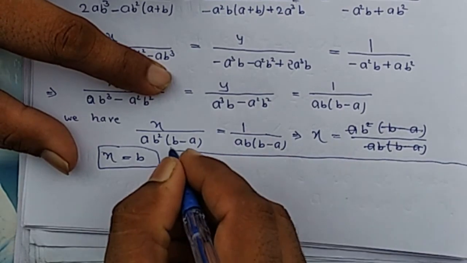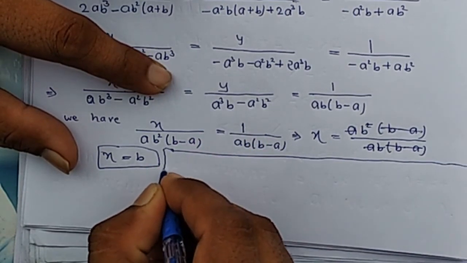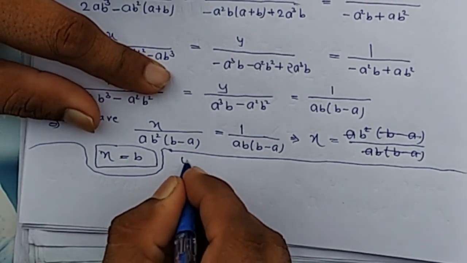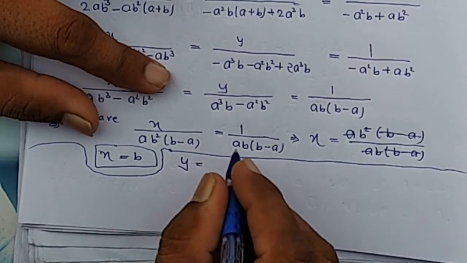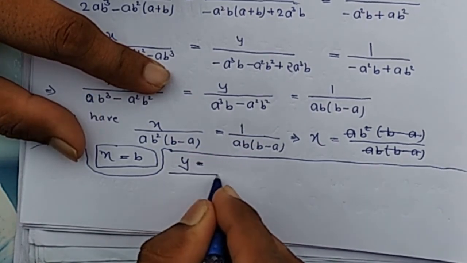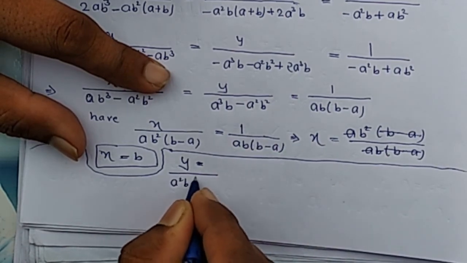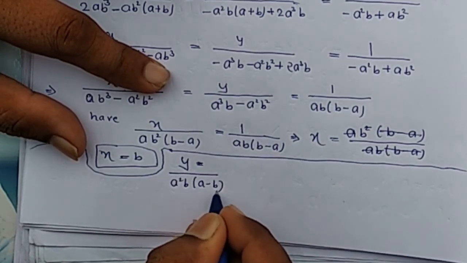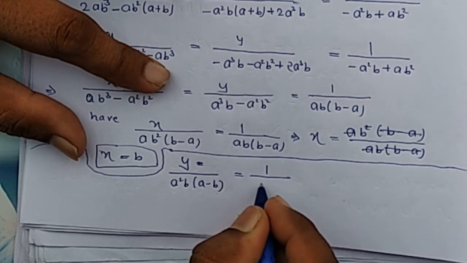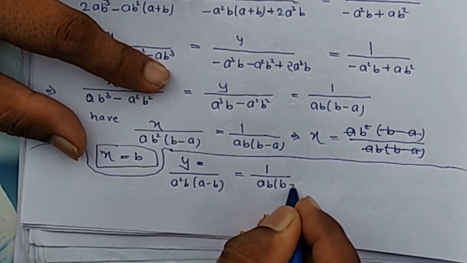And y by, now compare this term, y by a square b common, we have a minus b equal 1 by ab b minus a.